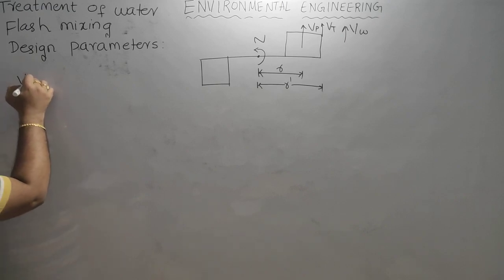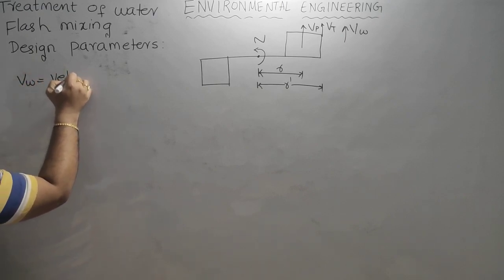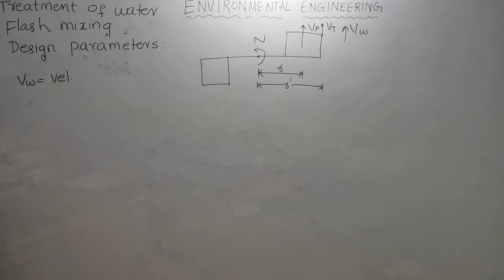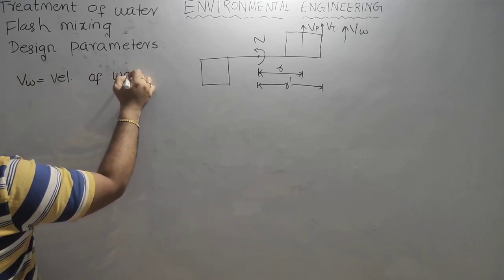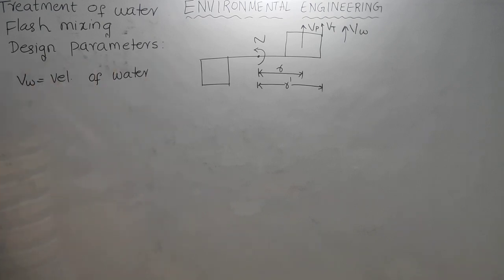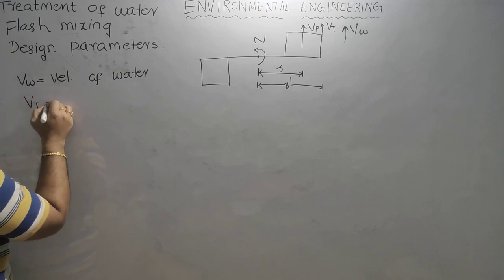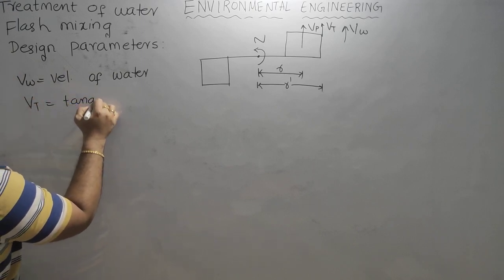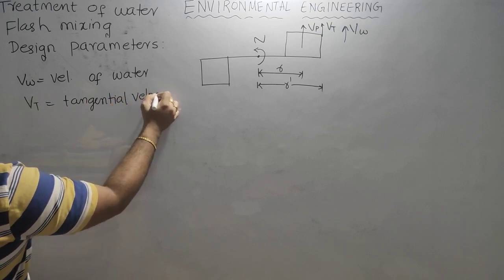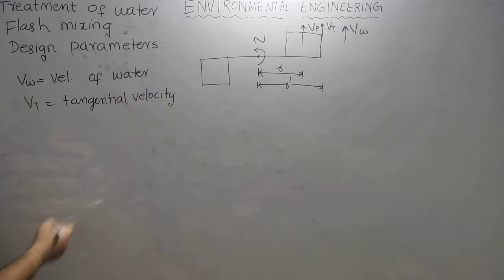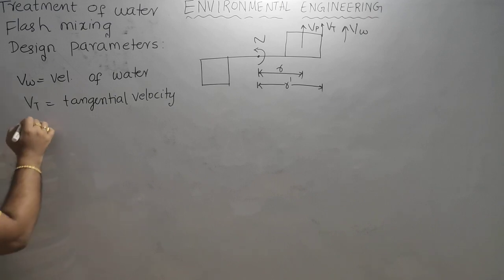So Vw is the velocity of water, and Vt is tangential velocity, and Vp is the velocity of a paddle or velocity of blade.